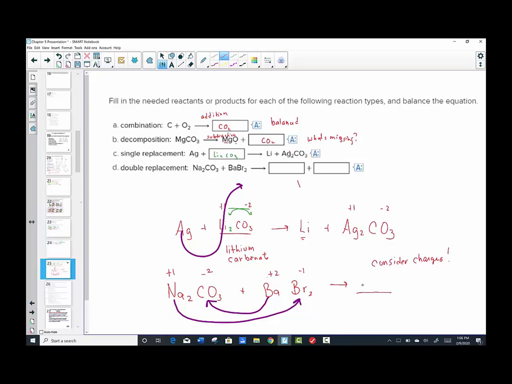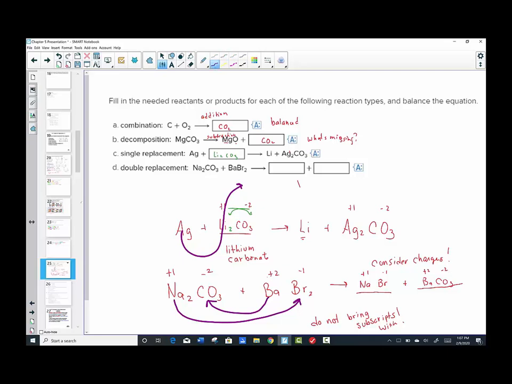When you are hooking to a new negative or a new positive, you have to balance that electrically. So when sodium, who comes as a +1, combines with a bromide, who comes with a Br, it's just simply NaBr. You do not bring the subscripts with. But I find the new subscripts based on the charge. Barium, who comes as a +2, will combine with carbonate, who comes as a -2, so that's also electrically balanced.